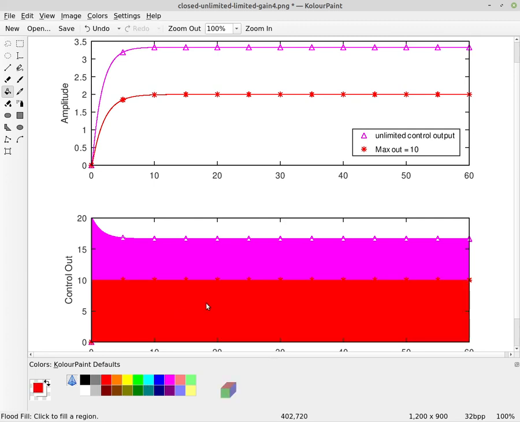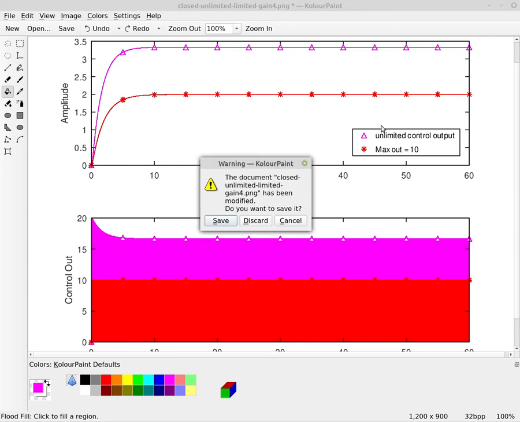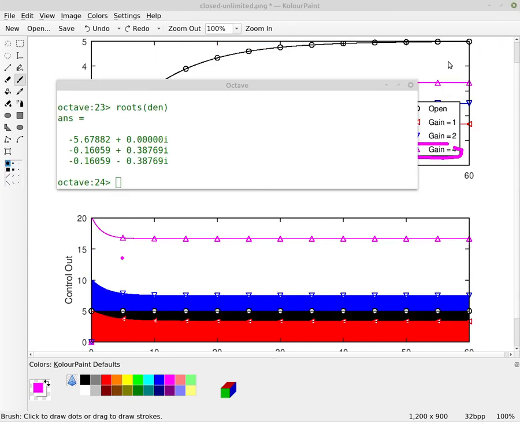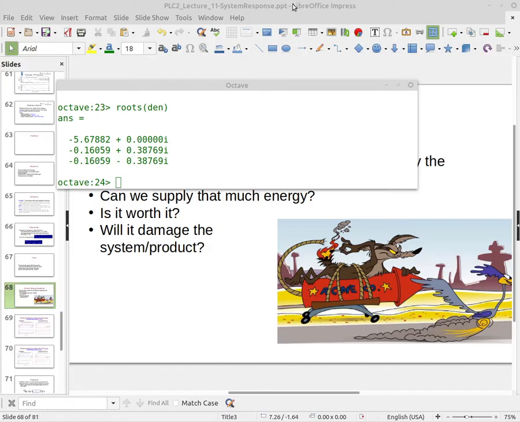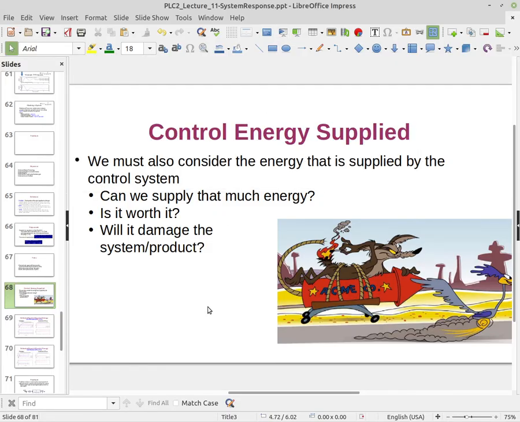This is how much energy your system wants, but this is how much energy the system can supply. So we need to keep that in mind when we're controlling the system.